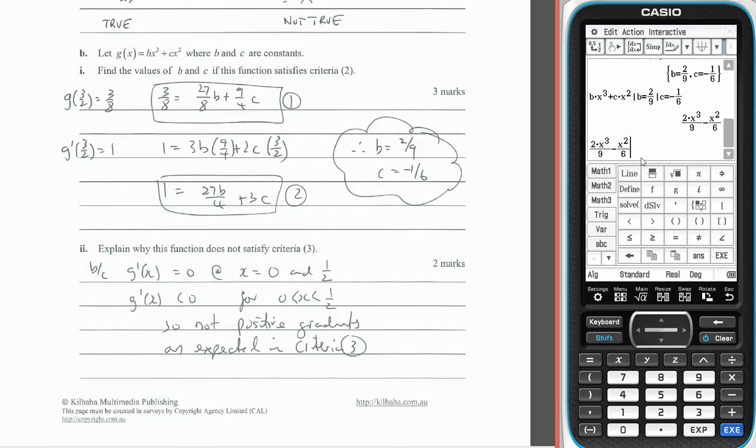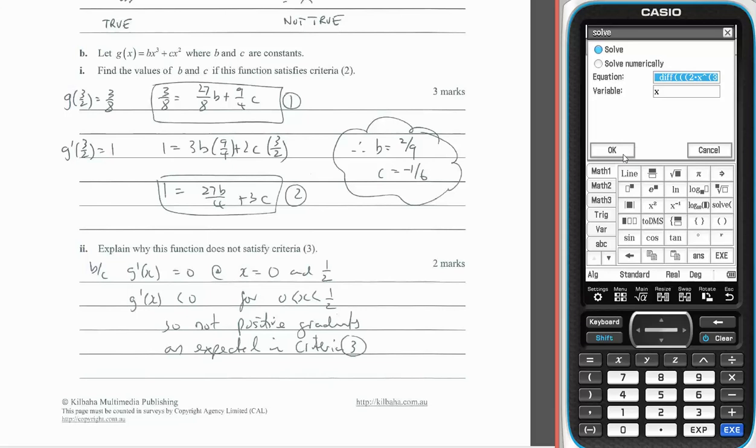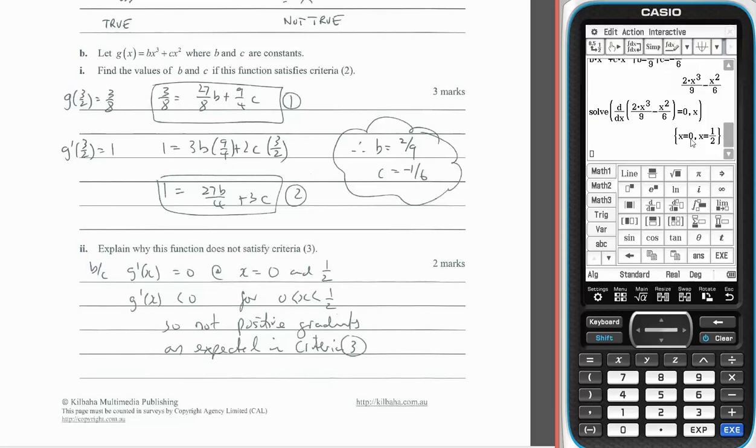If I take its derivative with respect to x, and I set it equal to 0 and solve it, it's equal to 0 at 0.5. So in my domain, which goes up to 3, I'm going to have a turning point. Therefore, when x equals a half, the gradient is 0.